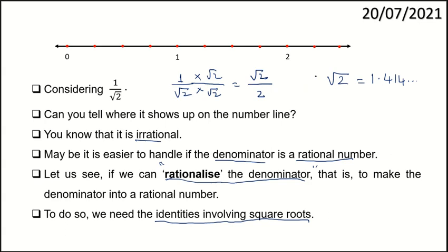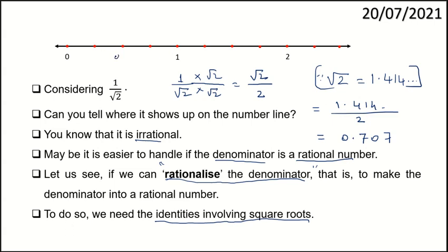Knowing the value of root 2, if I substitute it here, 1.414 and so on, correct to 3 decimal places, divided by 2, it is 0.707.